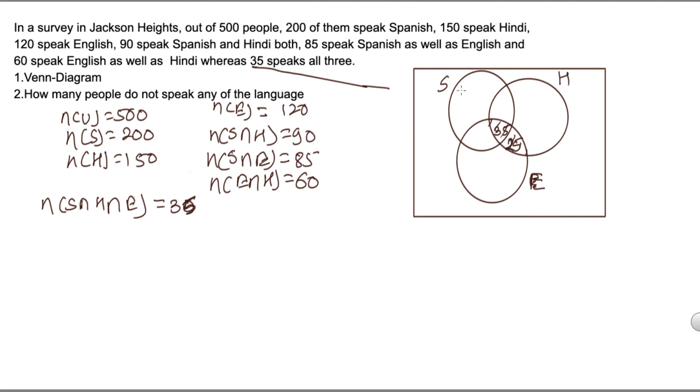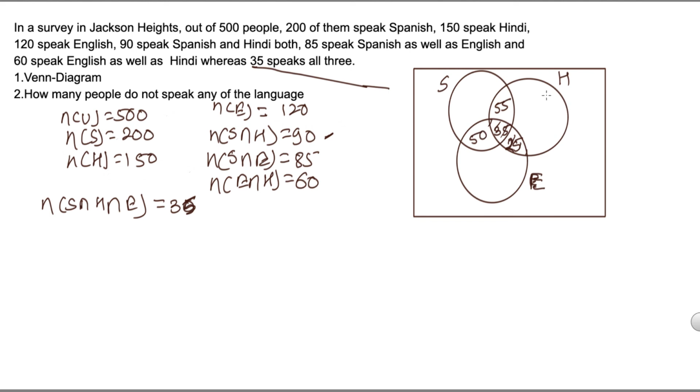Similarly, S intersection H is 90, this region is 35, that means this must be 90 minus 35, which is 55. Similarly, S intersection E is 85, this region is 35, that means this must be 85 minus 35, which is 50.